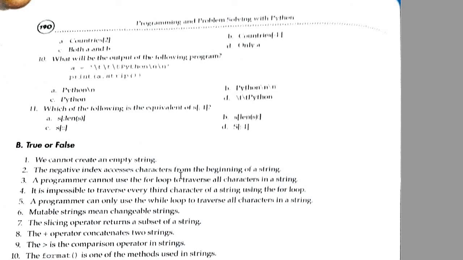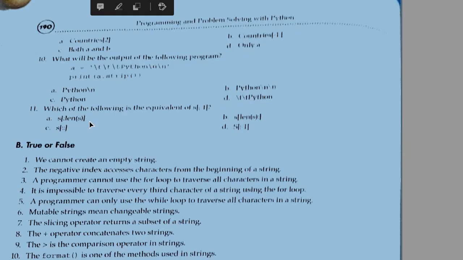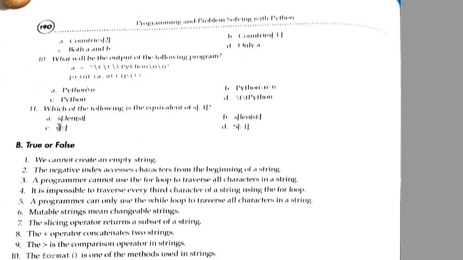Now we have to see the answer: the total length of a string, length of a string, or double colon, or colon 1. Now what will be the output for this? The output will be A, because here the default end value is the last value, and the start point is not given. So this will be the correct option. Option C will be correct.